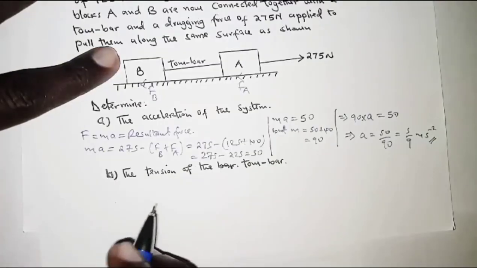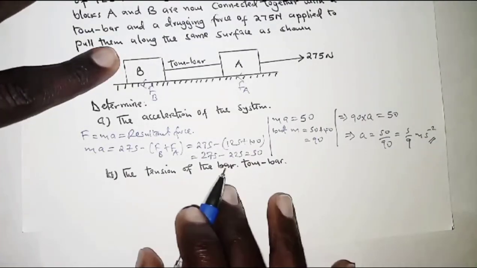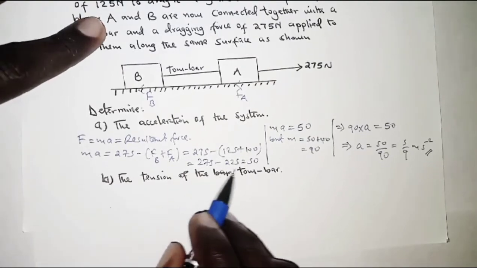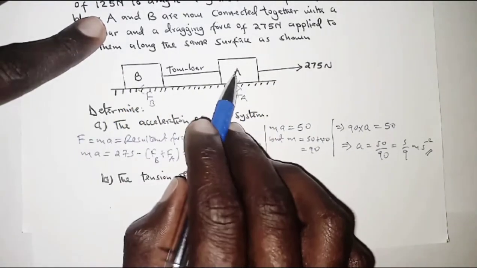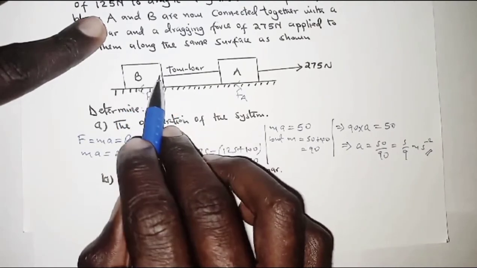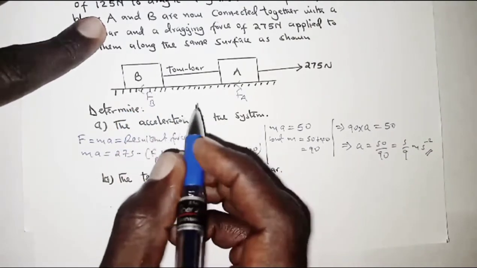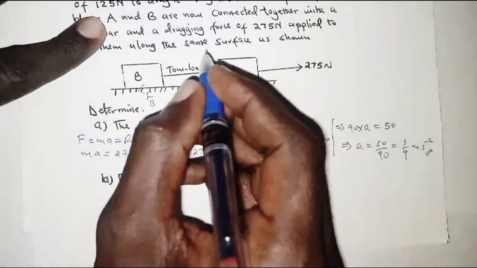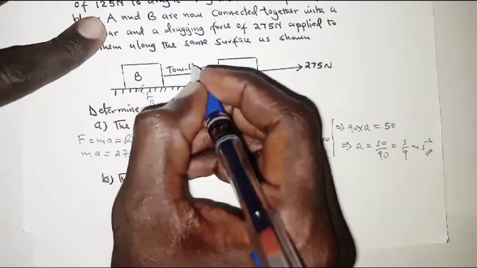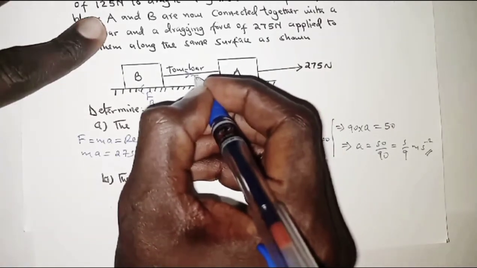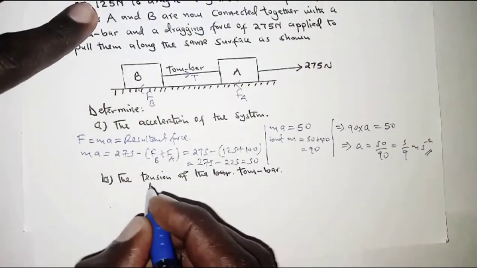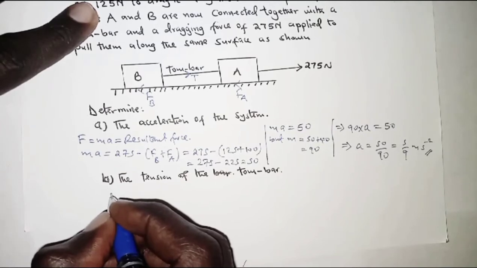Finally, the tension of the tow bar. Again, when the system is in motion, A pulls B via the tow bar. So we have some tensional force on the tow bar. This tensional force is what we are required to get. Again, we are going to apply Newton's second law of motion.